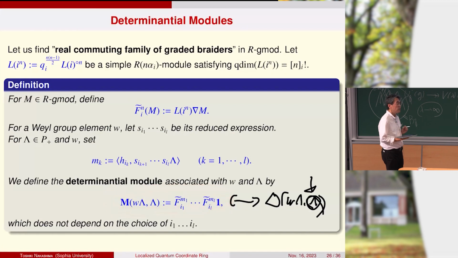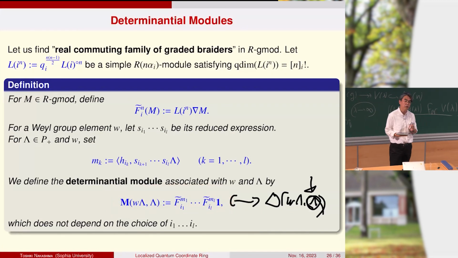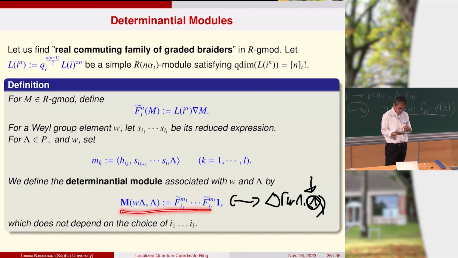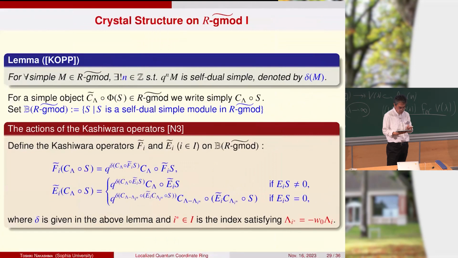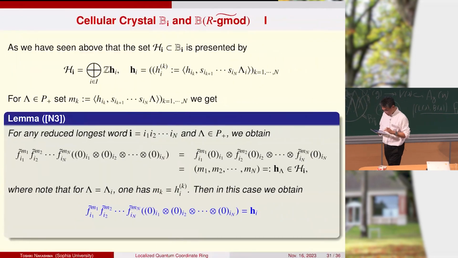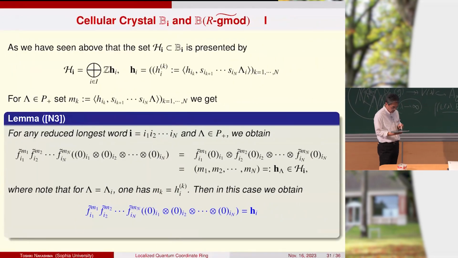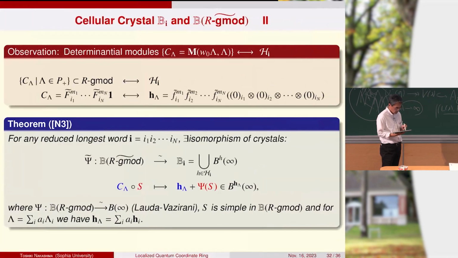So this means H_lambda I corresponds to determinantal modules by this correspondence. By these formulas, this determinantal module corresponds to this basis element.